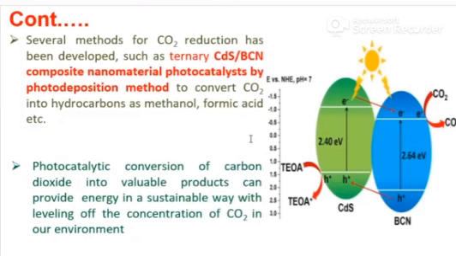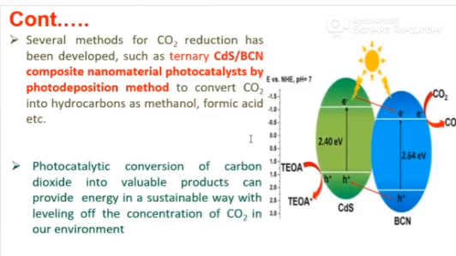Among those methods, the one that I'm presenting here was the development of the ternary cadmium sulfide/BCN composite nanomaterial photocatalyst by the photodeposition method to convert CO2 into hydrocarbons such as methanol or some other useful products like hydrogen or other green fuels.